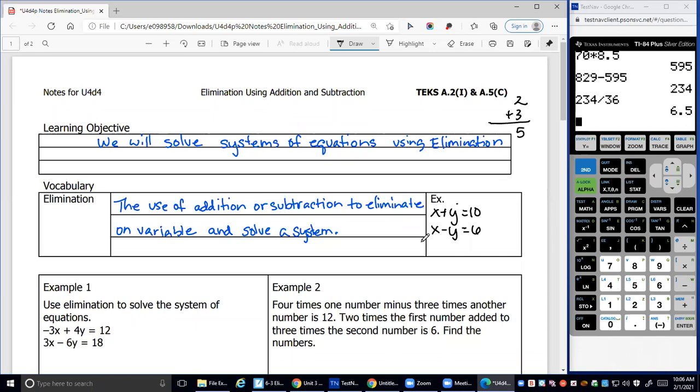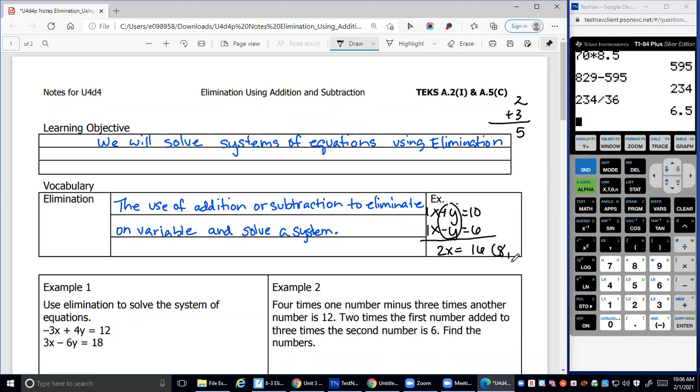It looks exactly like that. It's just like 10 plus 6 is 16. This right here is like a 0 pair, so it zeroes out. Then you've got 1x plus 1x, which is 2x. And of course, if you have 2x equals 16, then you know that x is going to equal 8.